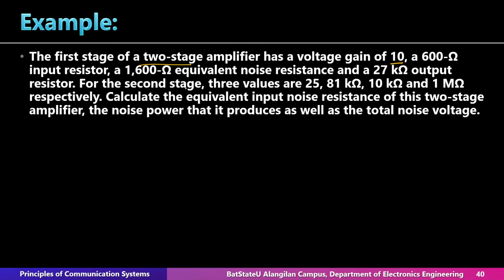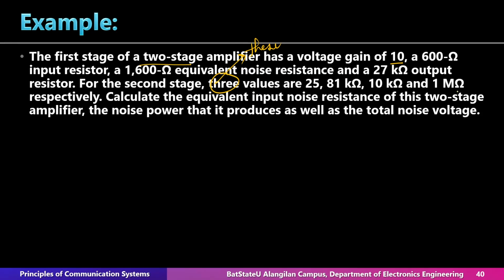Yung second stage niya naman, these values are 25, which corresponds to the gain, 81 kilo ohms, which corresponds to the input resistor, and 10 kilo ohms corresponding to the equivalent noise resistance.